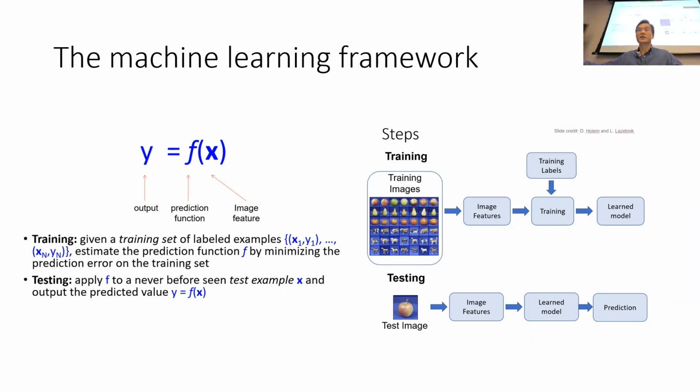The function has seen a lot of different data points, and then it knows the answer. Until then, you will be able to give the test image. So we put an apple image here. The feature will be learned and go through the parameter space, and the function will give you the prediction. Okay, so that's the framework.